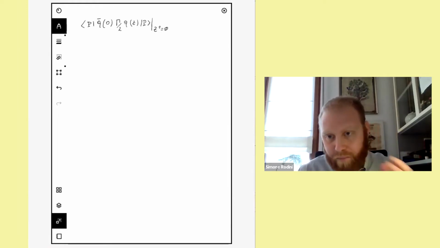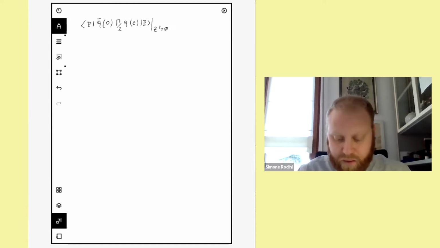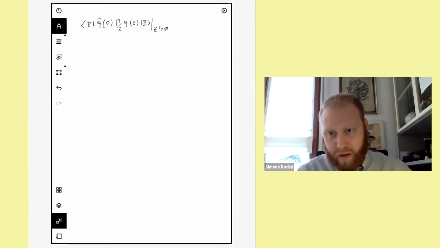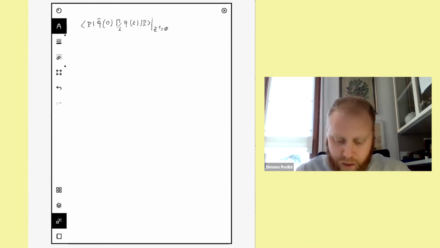So you have transverse separation between the quark and antiquark fields, and space-like separation on the light cone, since z minus is the space-like component of light-front coordinates, and z plus equals 0. So basically it is an equal-time correlator on the light front.